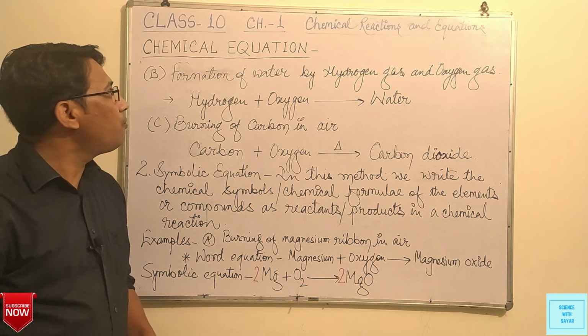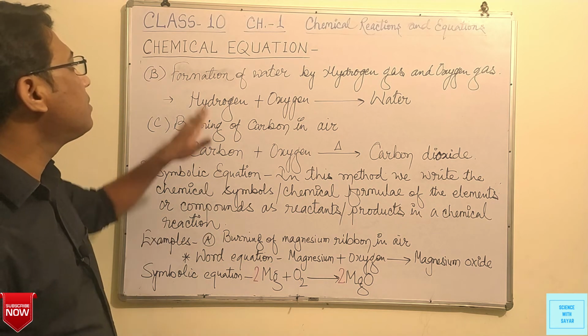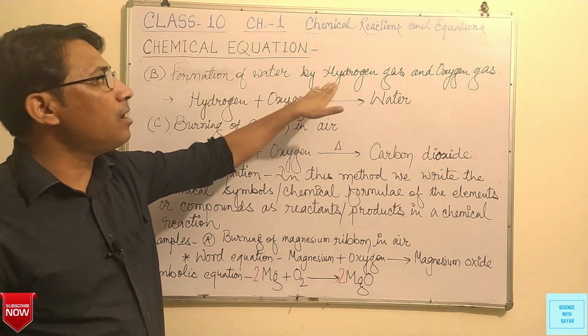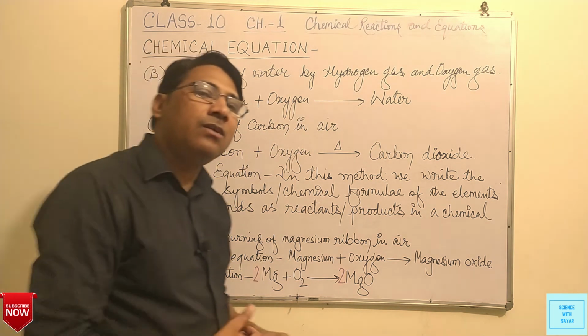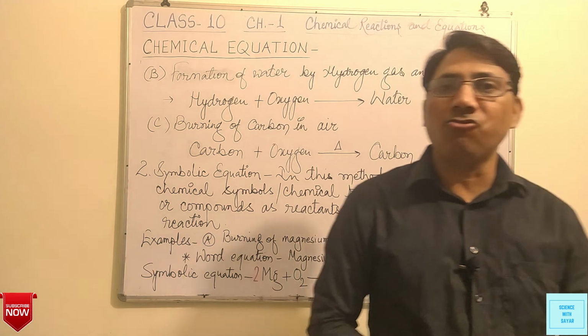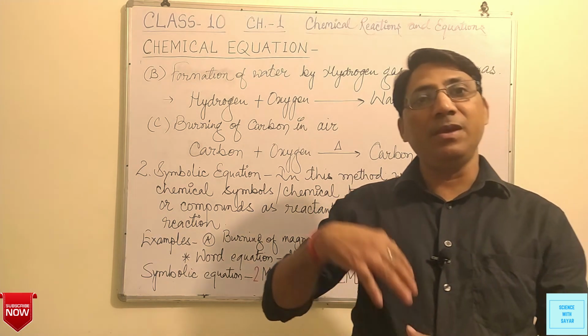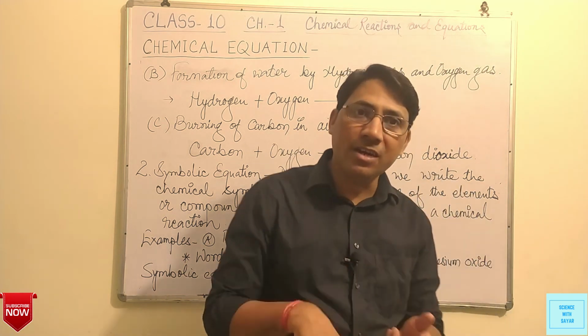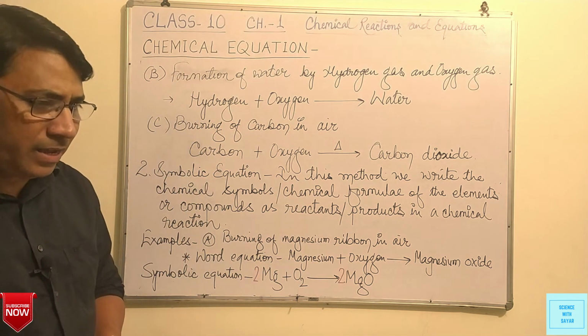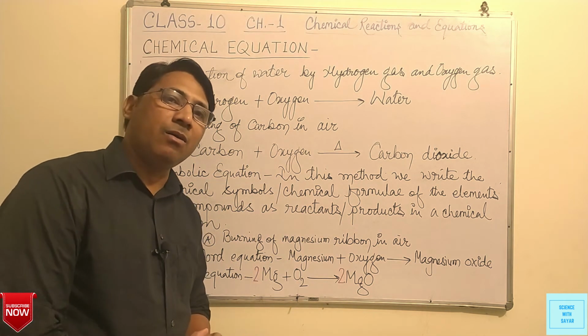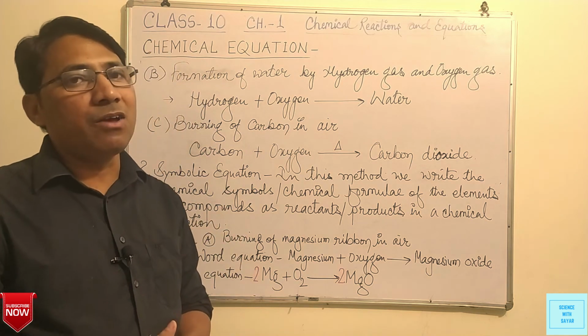The next example of a word equation is the formation of water from hydrogen gas and oxygen gas. In specific conditions, oxygen gas and hydrogen gas can react with each other and form water. This chemical reaction can be represented as a word equation.